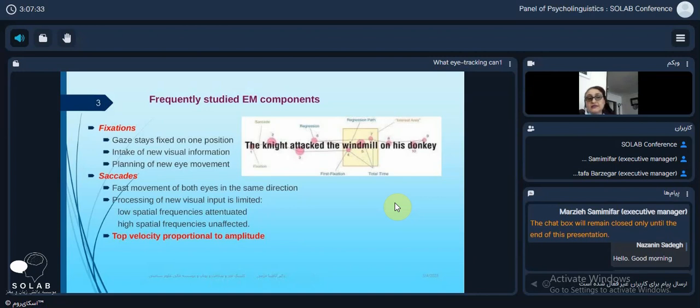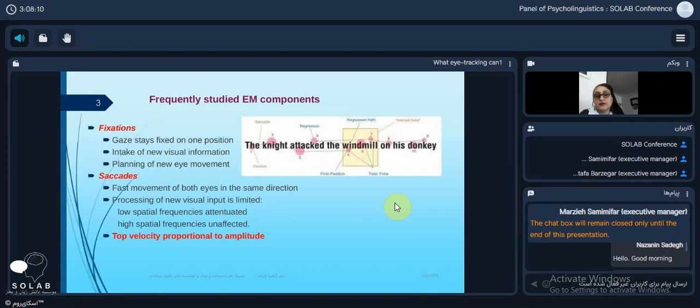In a fixation, the gaze stays fixed on one position. Fixation is part of the brain's information processing. When you stop your eyes on one part of space, your brain can find the data and process it into information.